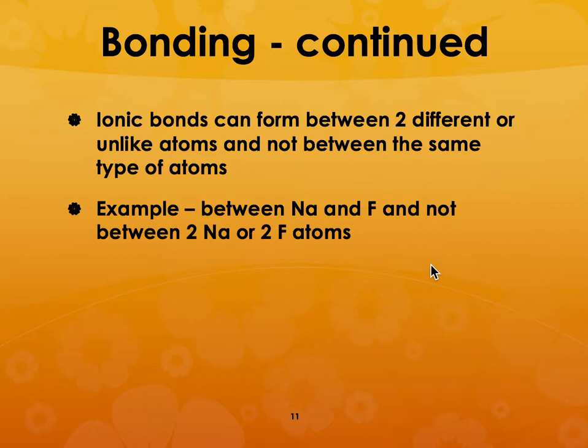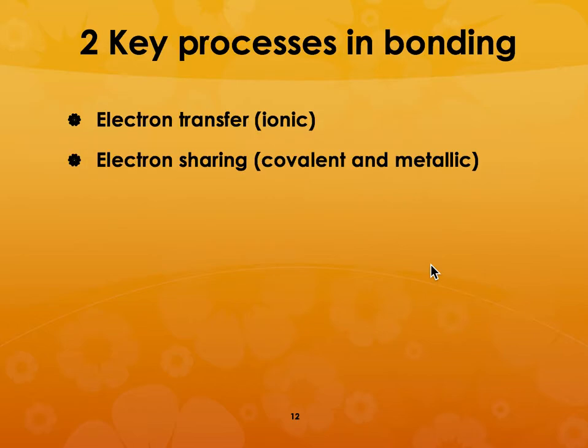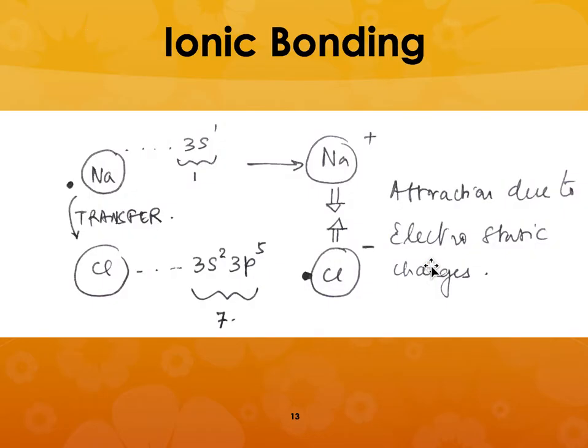So ionic bonds are between two dissimilar types of atoms. There are two key processes in bonding. The first one is electron transfer, which applies to ionic, and the second one is electron sharing, which happens in the case of covalent and metallic bonds.